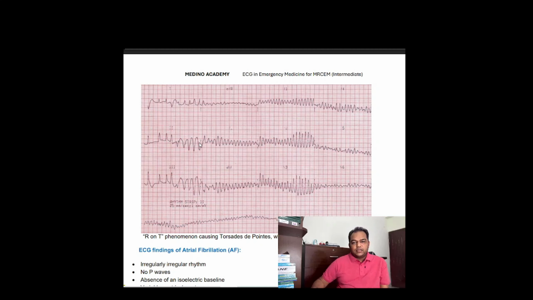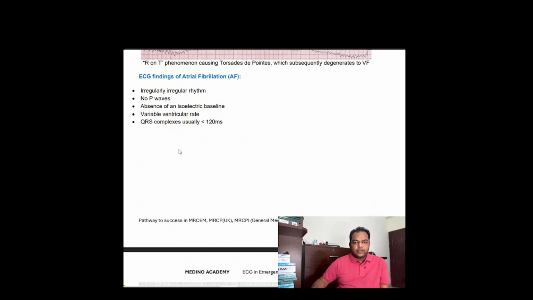That means the energy is put on the T wave, and it causes polymorphic VT. This is the monomorphic VT, and we give energy on the T wave without synchronization, so it causes polymorphic VT, and this polymorphic VT or torsade de pointes eventually causes VF or ventricular fibrillation.